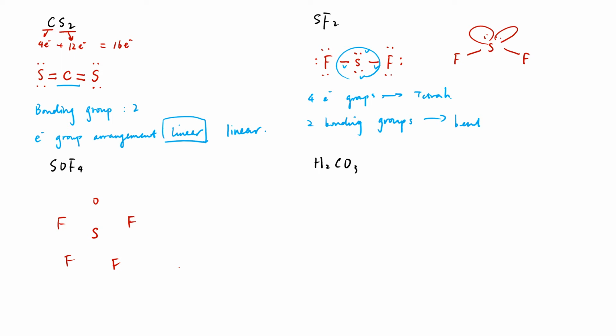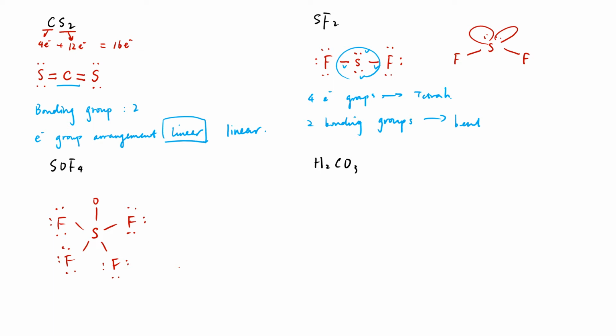Let's first connect them with single bonds. And this time the sulfur violates the octet rule, but that's okay. Each fluorine has 7 valence electrons and forms a bond with the sulfur, so each fluorine right now has 3 lone pairs.